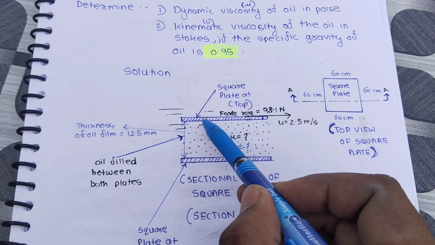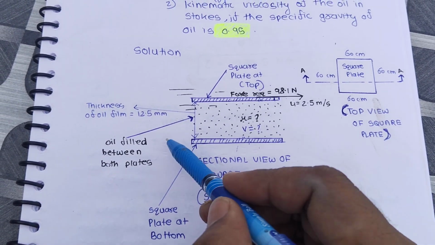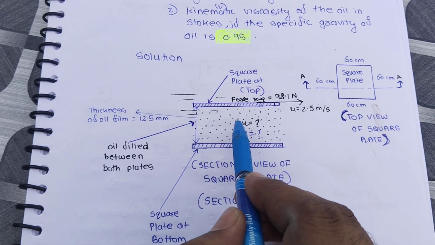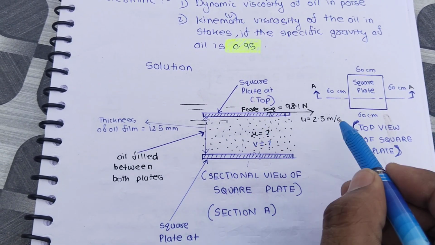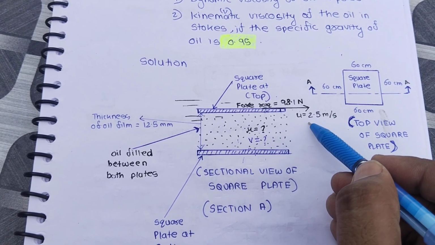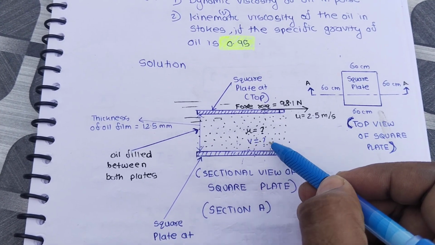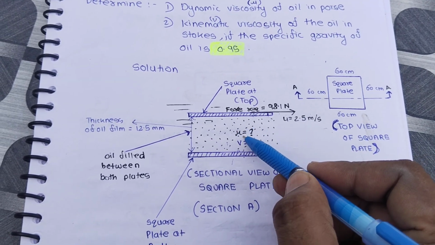The top plate is moving and the bottom plate is fixed. Oil is filled between these two plates. The thickness of the oil is 12.5 mm, and we have to find the dynamic viscosity mu of oil in poise and the kinematic viscosity of oil in Stokes. So these two values we have to find.